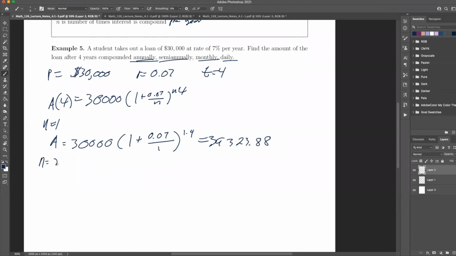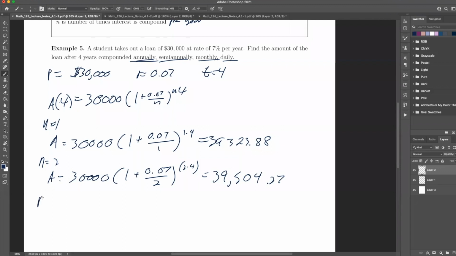Okay. Let's do n equals 2. So that's semi-annually. So A here would be 30,000 times 1 plus 0.07 over 2, to the power 2 times 4. And if we did semi-annually, I'll just give it to you, the number here is 39,527.